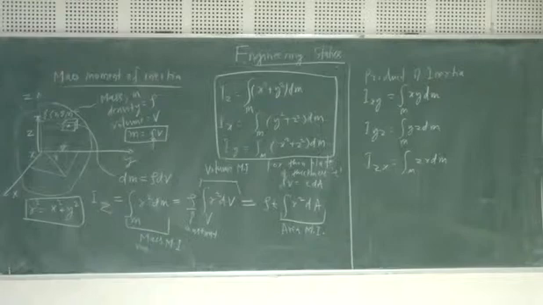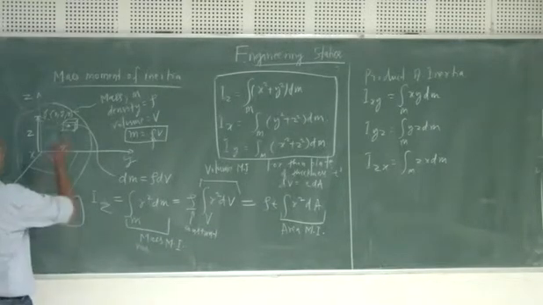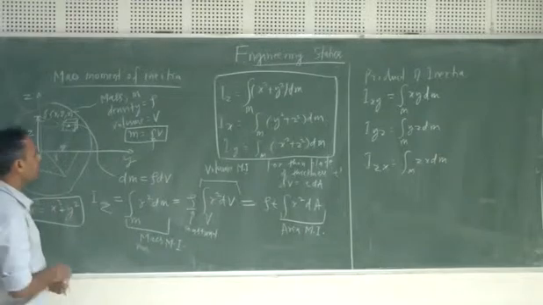Now the second question is that, as far as we know, our axes are like this. Now if we have to find the moment of inertia about an arbitrary plane, then how?